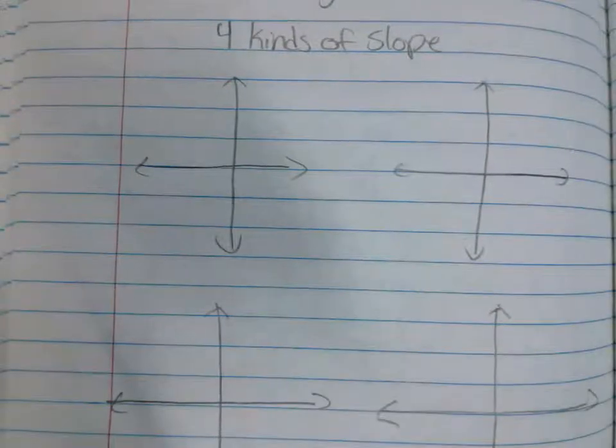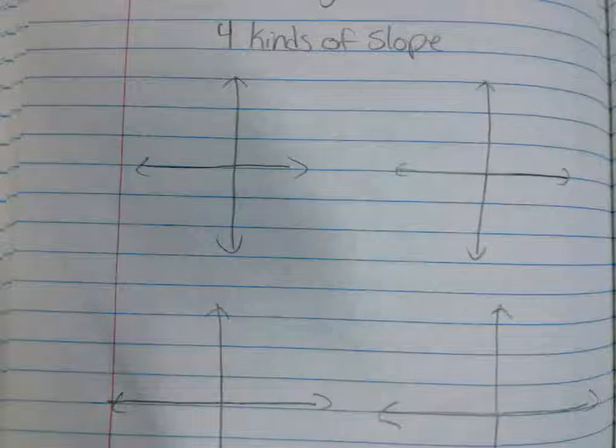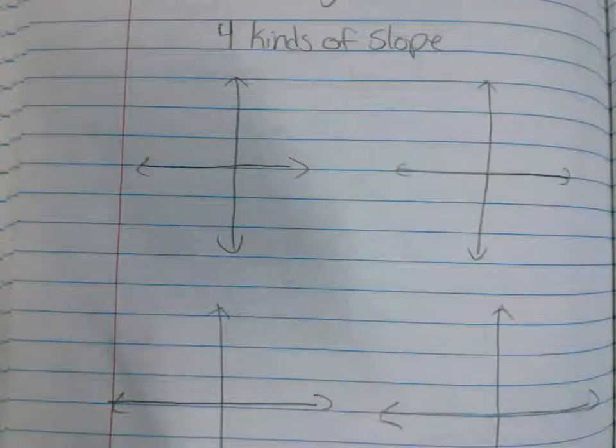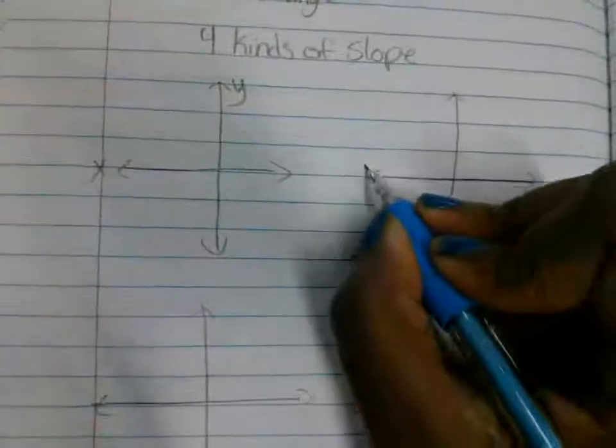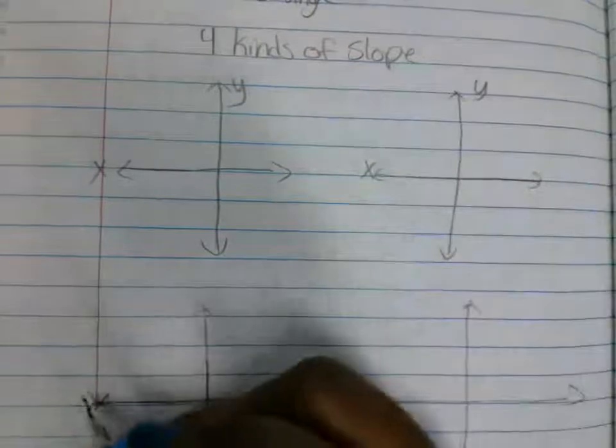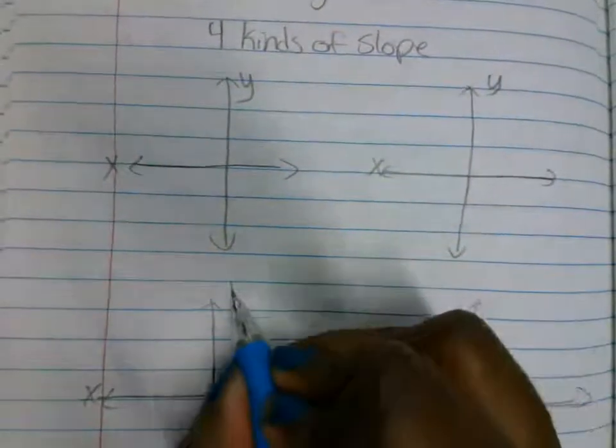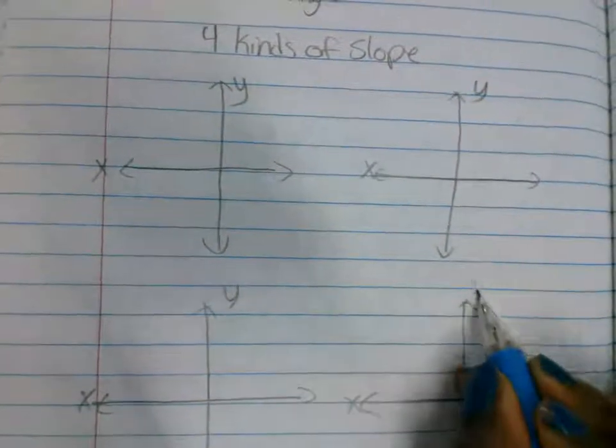There are 4 kinds of slope. X-axis, y-axis, x-axis, y-axis, x-axis, y-axis, x-axis, y-axis.